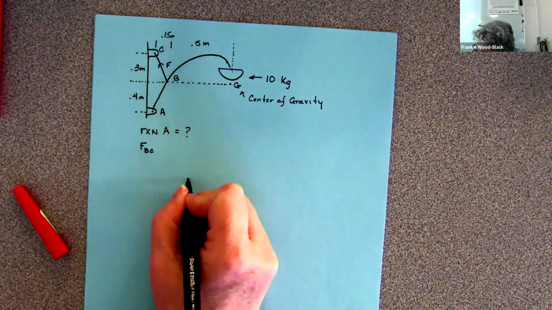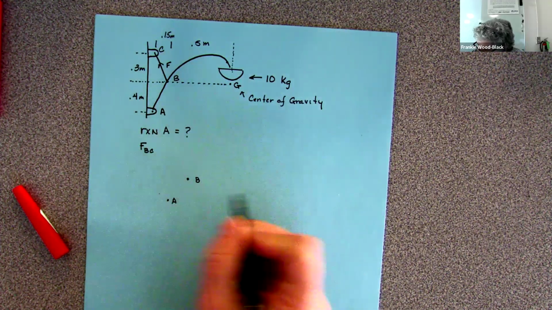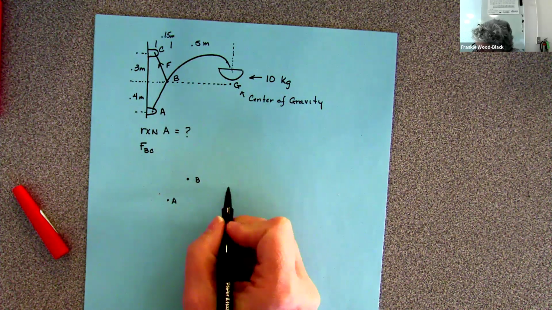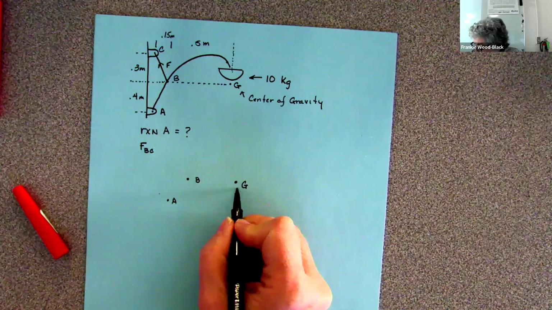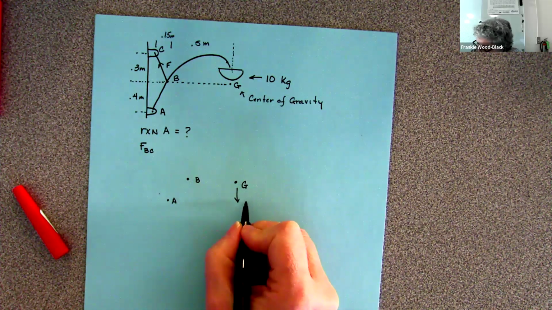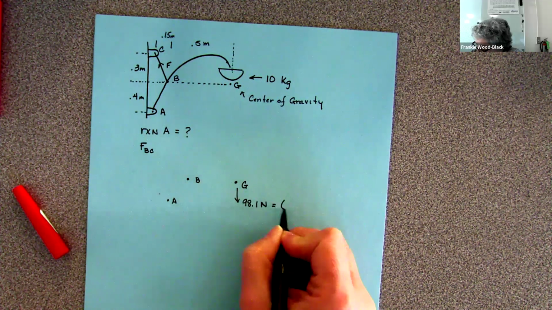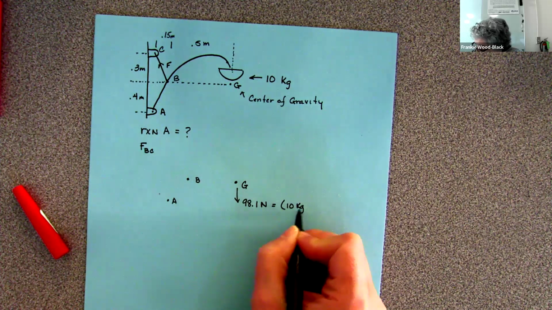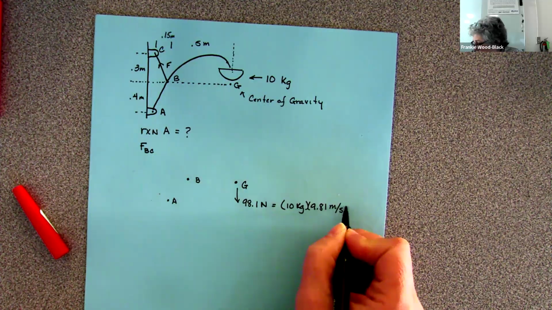So if I do my dots, I'm going to have my B and my A. And I have to have my G here. G is going to be 98.1 newtons, which is my 10 kilograms times my 9.81 meters per second squared.